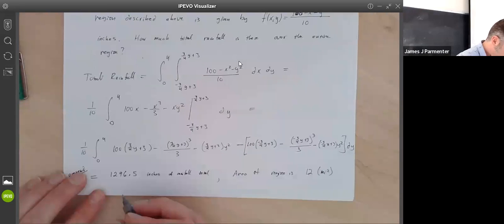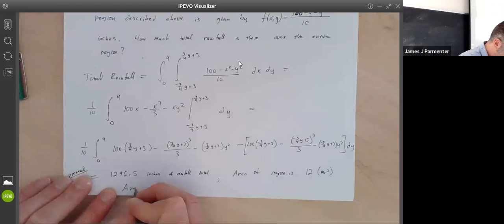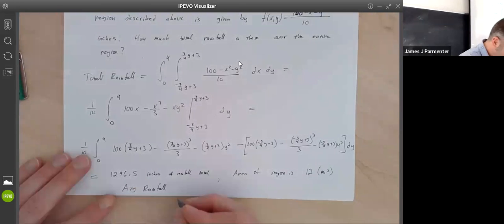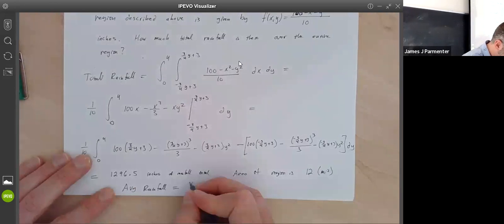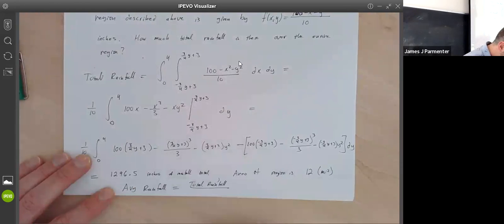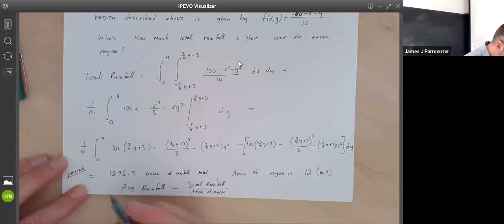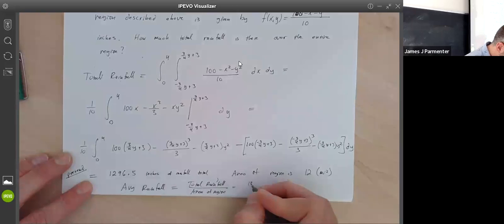And then the average rainfall, or more generally, the average value of the function, is going to equal your total rainfall divided by the area of the region, which in this case, pretending my number was real, would be 1,296.5 inches of rain divided by 12 square miles.